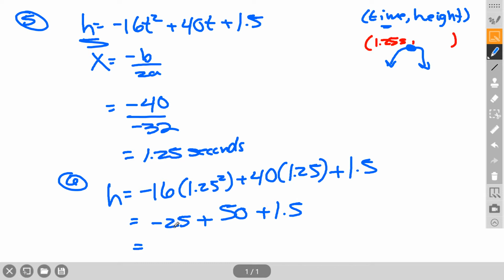So the maximum height, 50 minus 25 plus 1.5, is 26.5 feet. So after 1.25 seconds, it will be at its maximum height, 26.5 feet, and that is numbers 5 and 6.